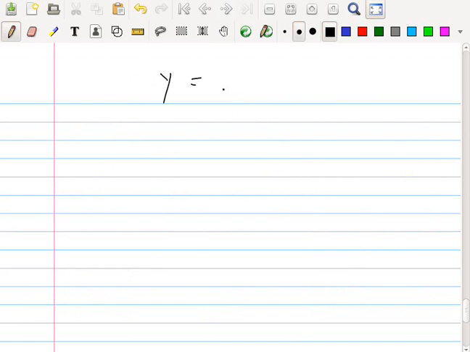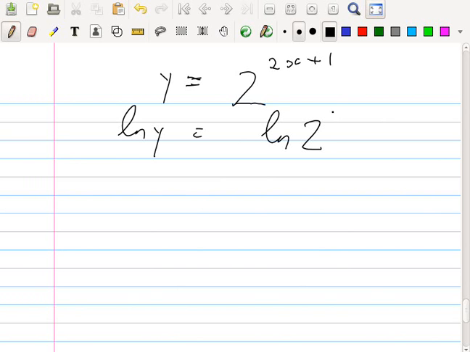Y equals, let's say, 2 to the power of 2x plus 1. So we log both sides. Log y equals log 2 to the 2x plus 1.